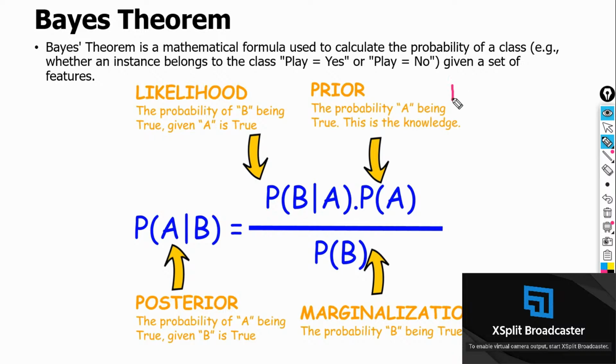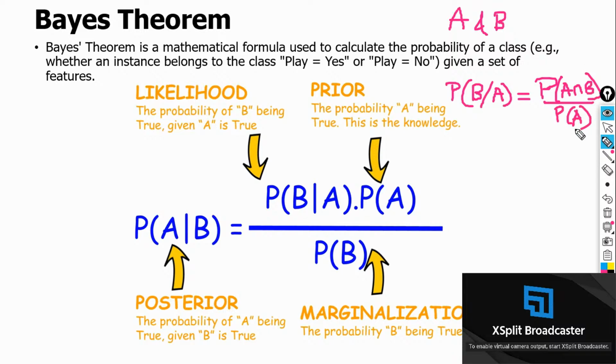Conditional probability says if I have two events A and B, and if I want to calculate the probability of B, given A has already occurred, the formula says P of A and B divided by P of A. So this is the formula for conditional probability.